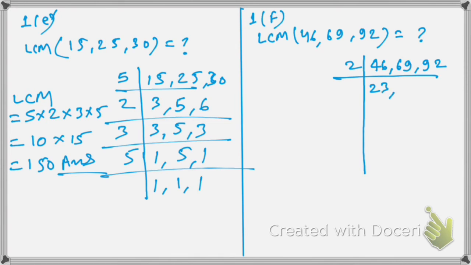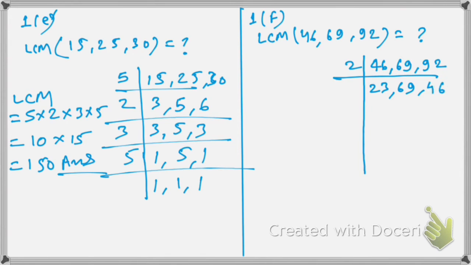Then 69 cannot be divided because the last number is not divisible by 2. Then 92 can be divided because the last digit is an even number. We learned this in the divisibility rule for 2.